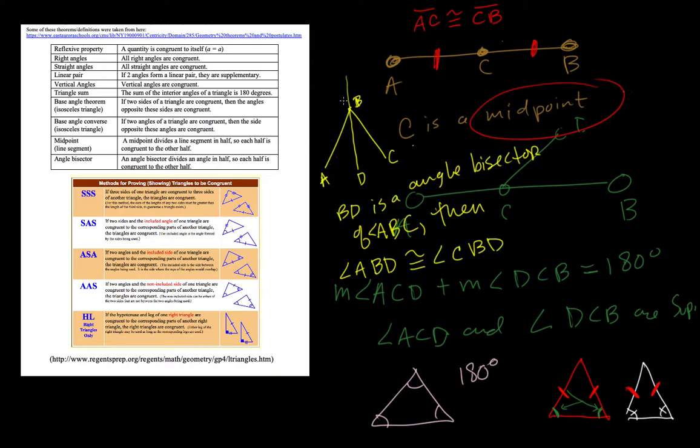So what that means is if something's defined as an angle bisector, then this angle and this angle will be congruent. So it cuts that angle perfectly in half.